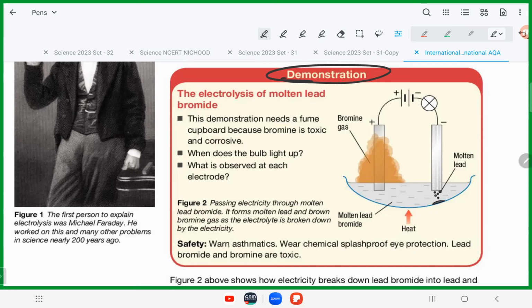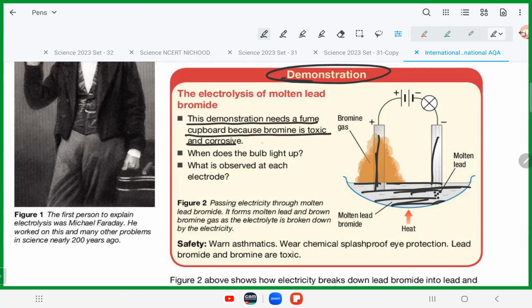Safety: wear splash-proof eye protection; lead bromide and bromine are toxic. So what they are saying, Tarini, is that here the chemicals are taken. These are the chemicals, these are the electrodes. This demonstration needs a fume cupboard because bromine is toxic. When does the bulb light up?